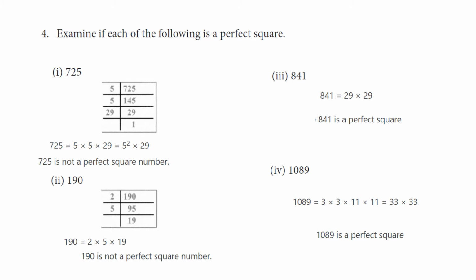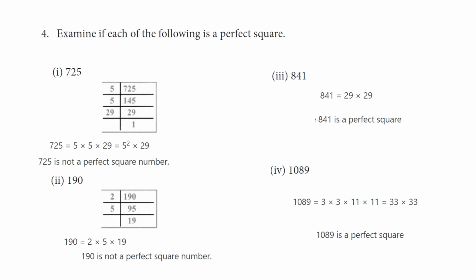Again that is a prime number, so you divide with the prime number 29, 29 1. Here 5 into 5 is one pair, but 29 doesn't have a pair. If it does not consist of pairs, that is not a perfect square. So 725 is not a perfect square.